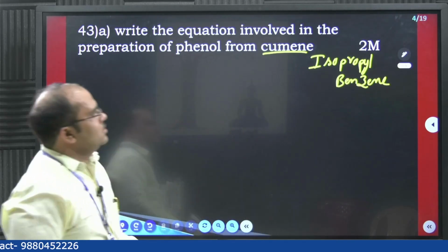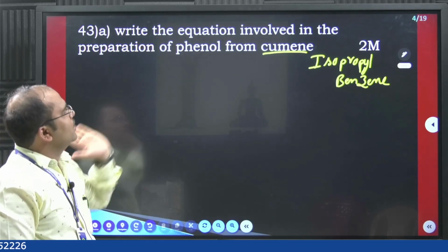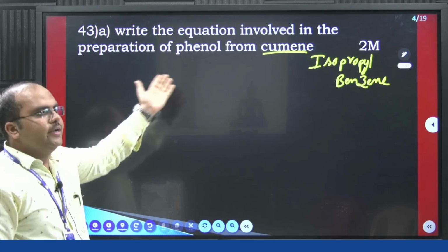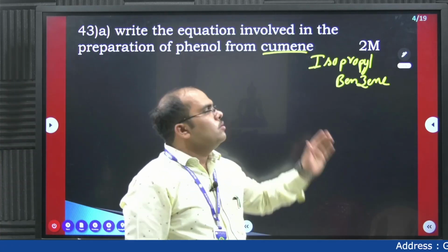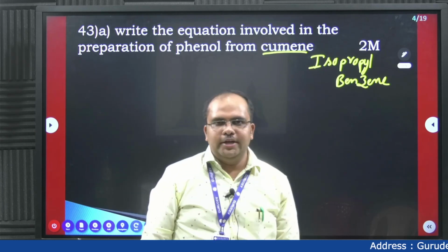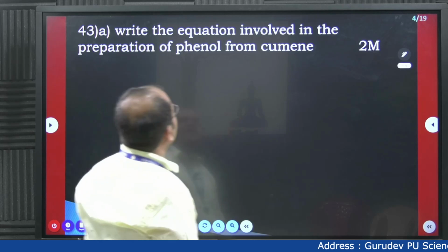My dear students, here it is very simple. They are asking to write the reactions regarding the preparation of phenol. For the preparation of phenol from cumene, you have to take the structure of cumene.